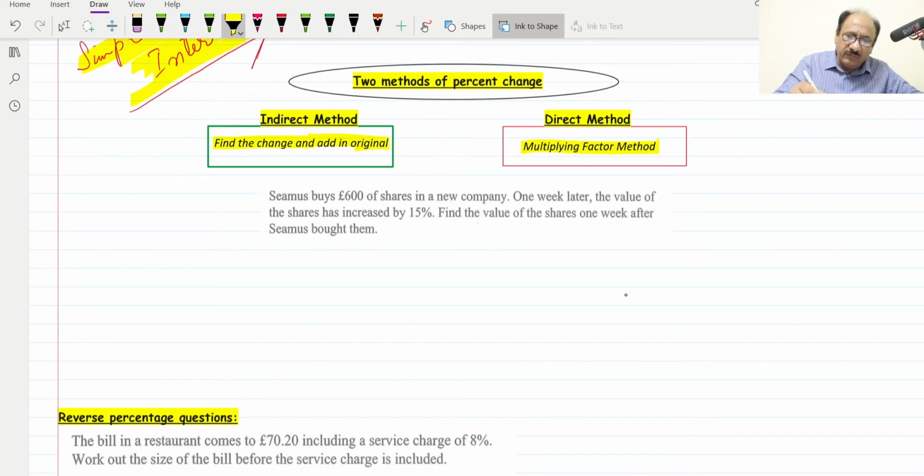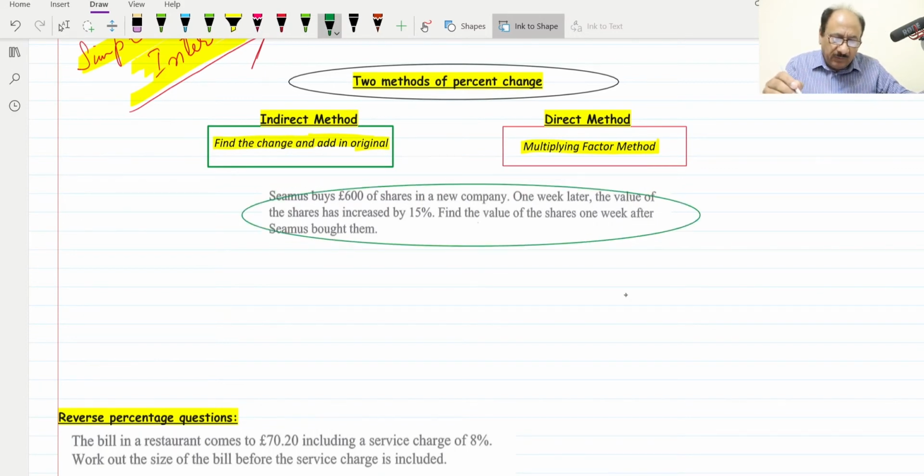For example, I have taken one question, and we will try to solve it by both methods.